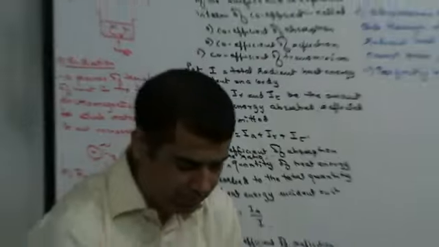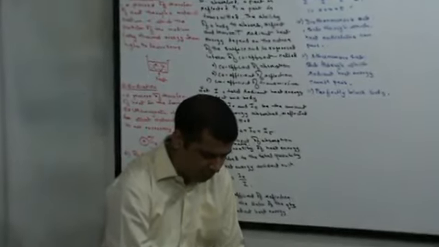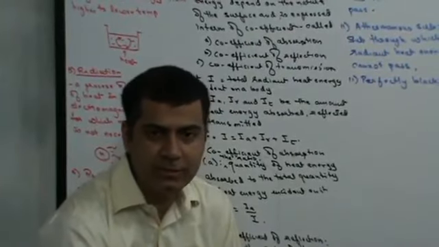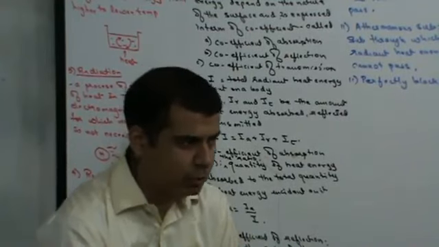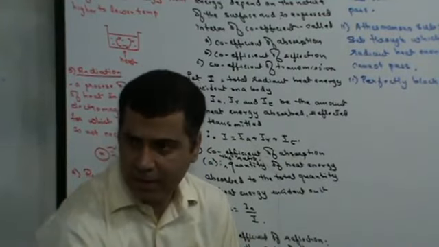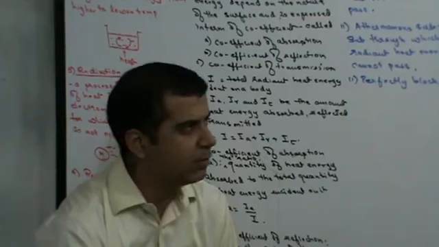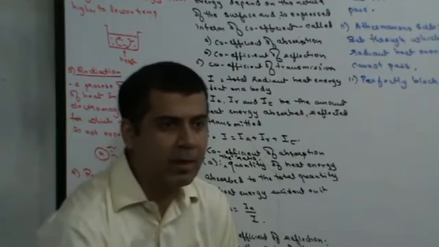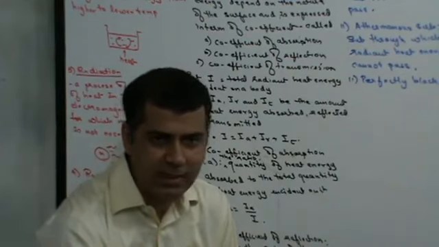A perfectly black body is that body which can absorb all the radiant heat energy incident on it. Lamp black has almost 98% as its value of a.